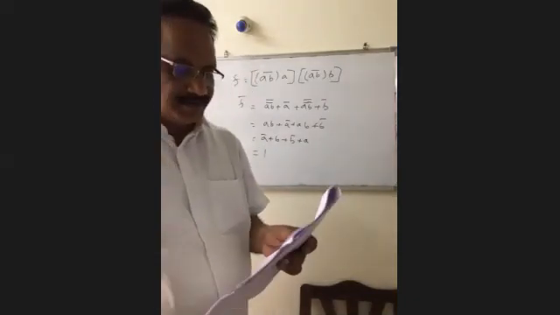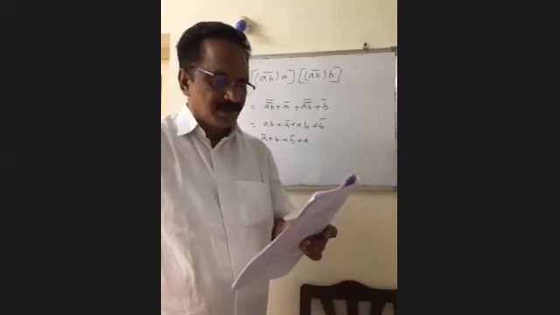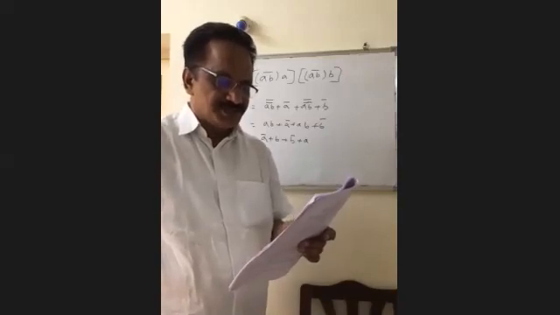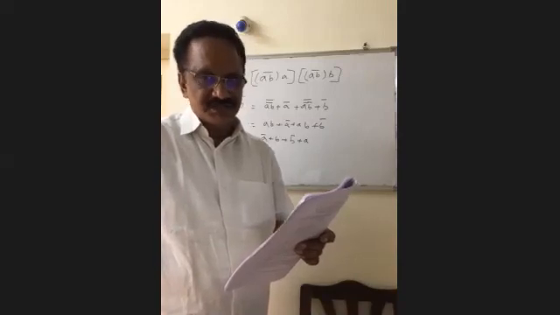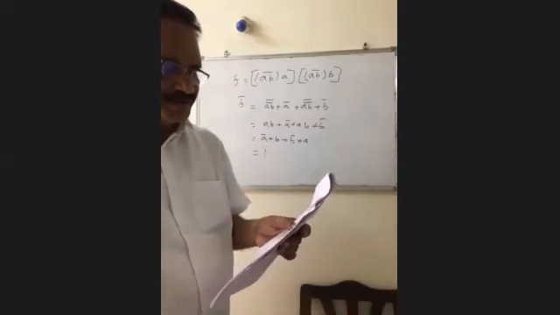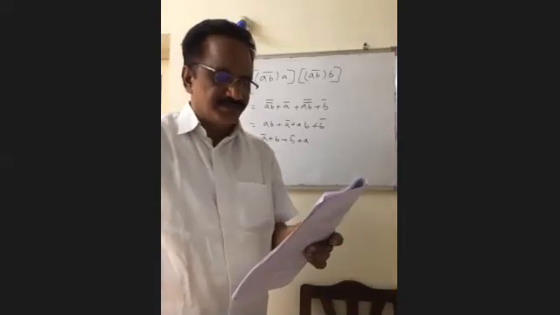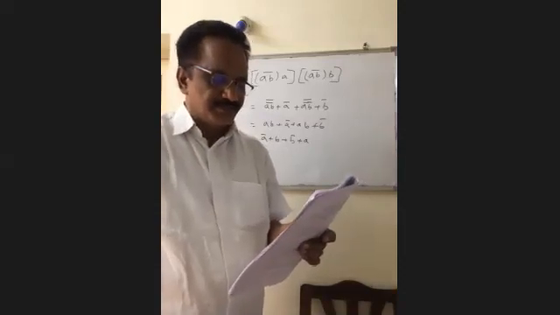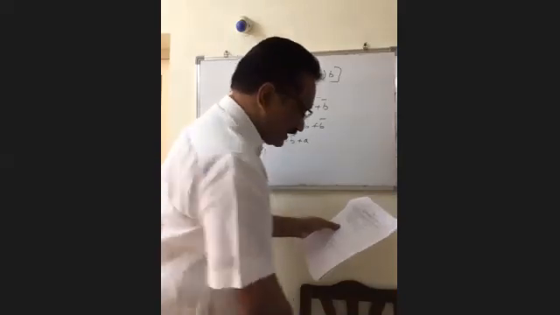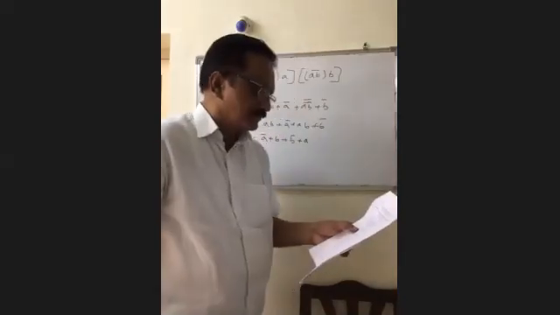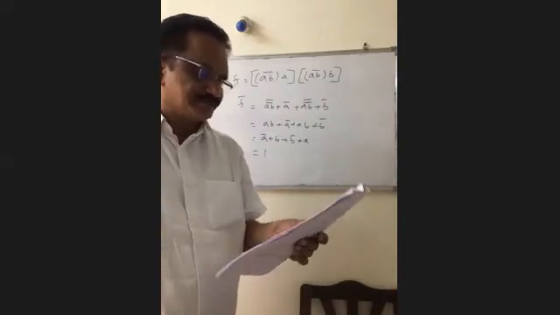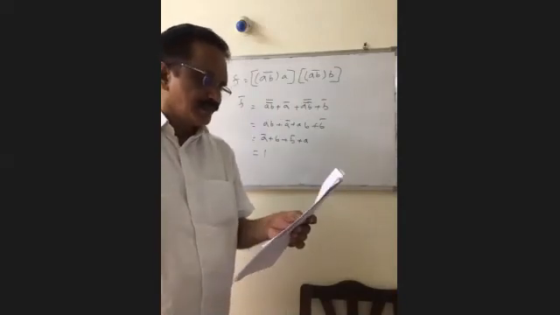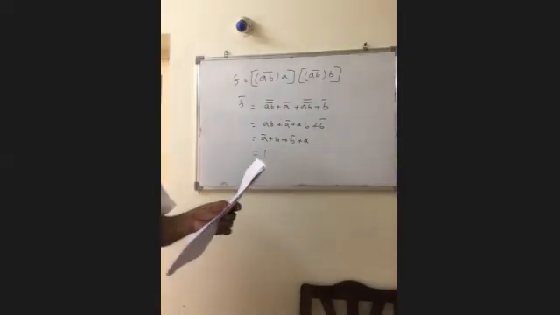Find the complement of the following Boolean functions, but here there are 2 functions, so 7 marks for each one. Find the complement of the following Boolean functions and reduce them to the minimum number of literals.